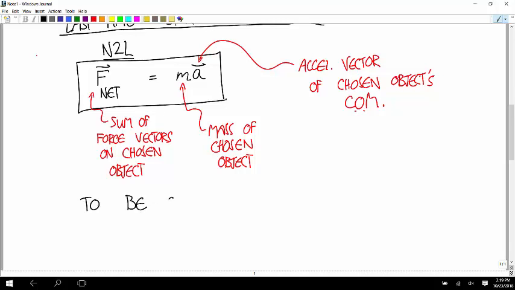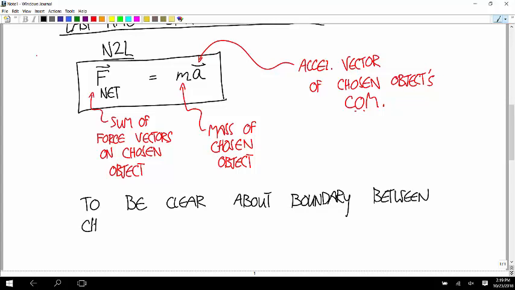So to be clear, and mostly this is to yourself, but I guess also when you're communicating it to other people. So to be clear about a boundary between the chosen object and the surroundings, that's everything except the chosen object.